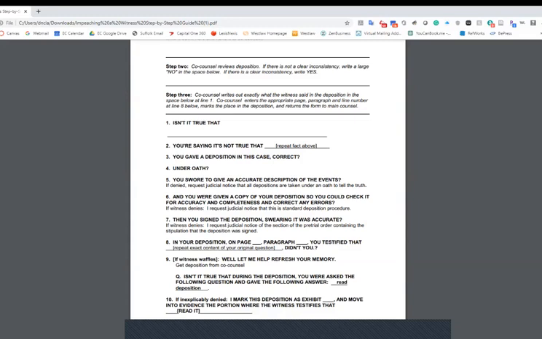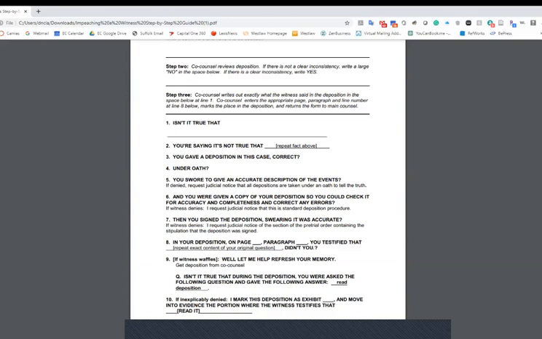Now, if the witness waffles, and this is where it's fun, and they're like, oh crap, I just got caught, you can say, well, let me help refresh your memory, right? And you get the actual deposition from co-counsel, and you say, isn't it true that during this deposition, you were asked the following question and gave the following answer? And then you read the question and you give the answer. And you might have another copy for them so they can read it.